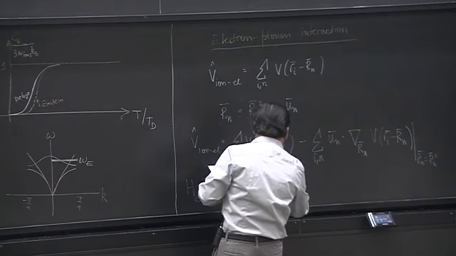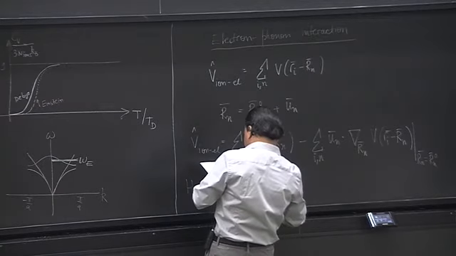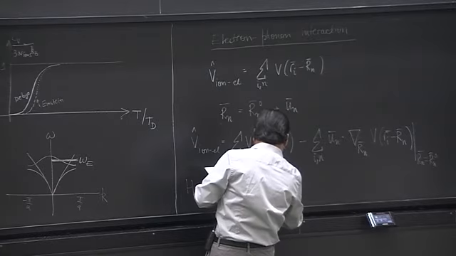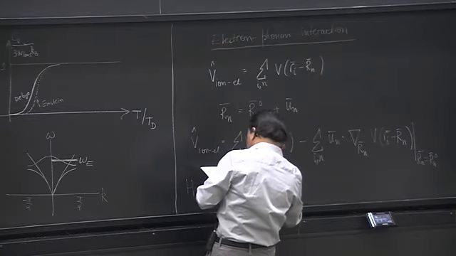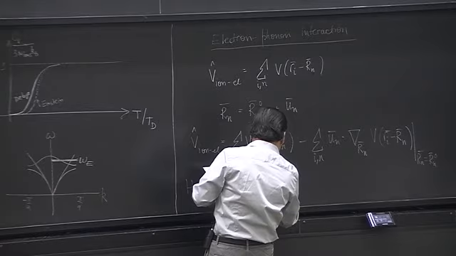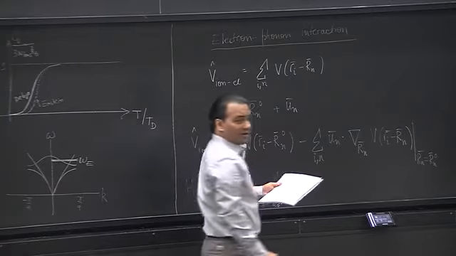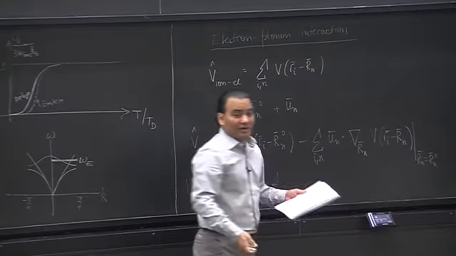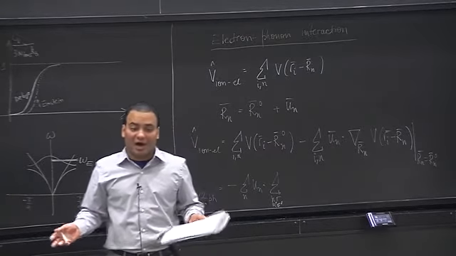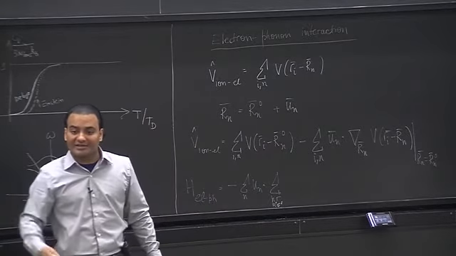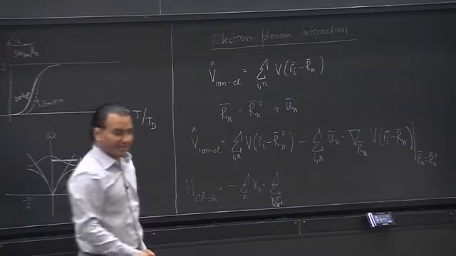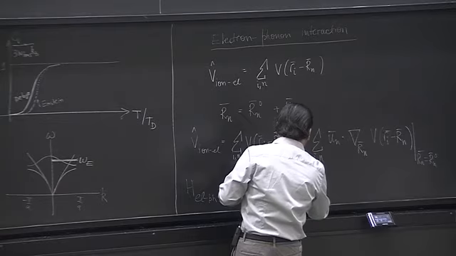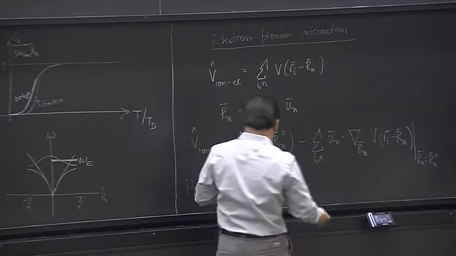And now I'm going to write this in second quantization, and I will use momentum eigenstates K and K prime for my second quantization. Because these are single particle objects, they are relatively easy to express in second quantization. What I have to do is calculate matrix elements in the basis states.